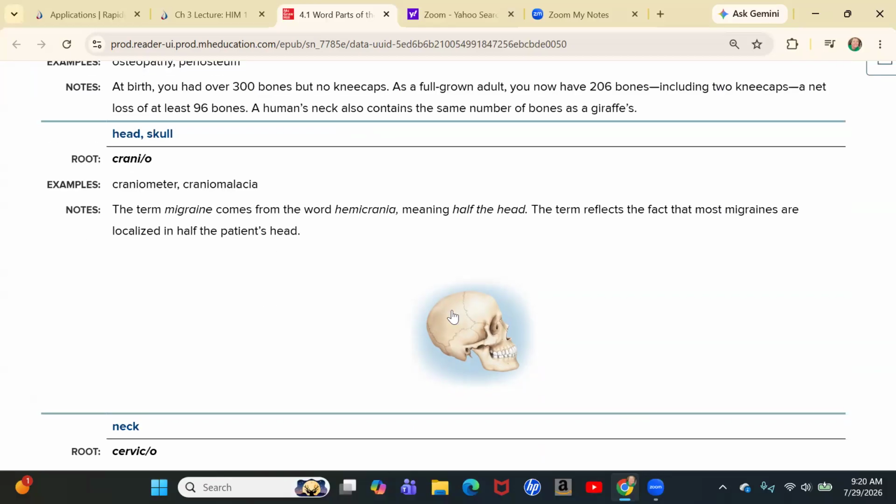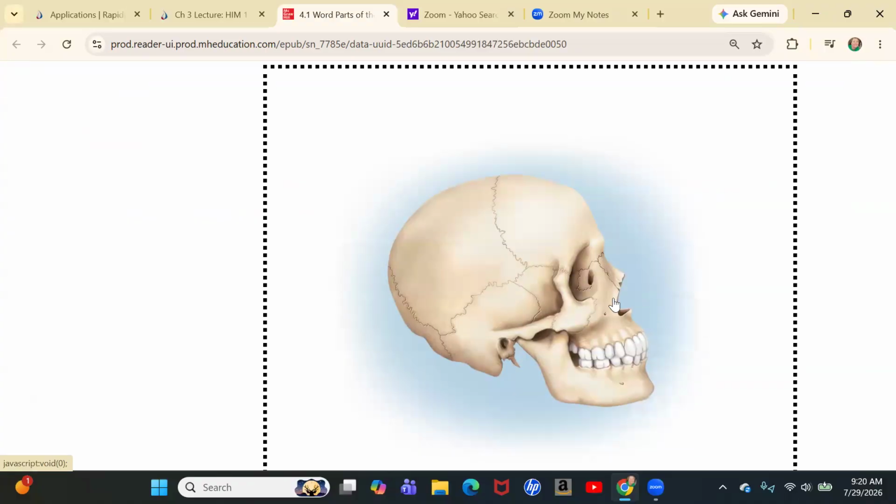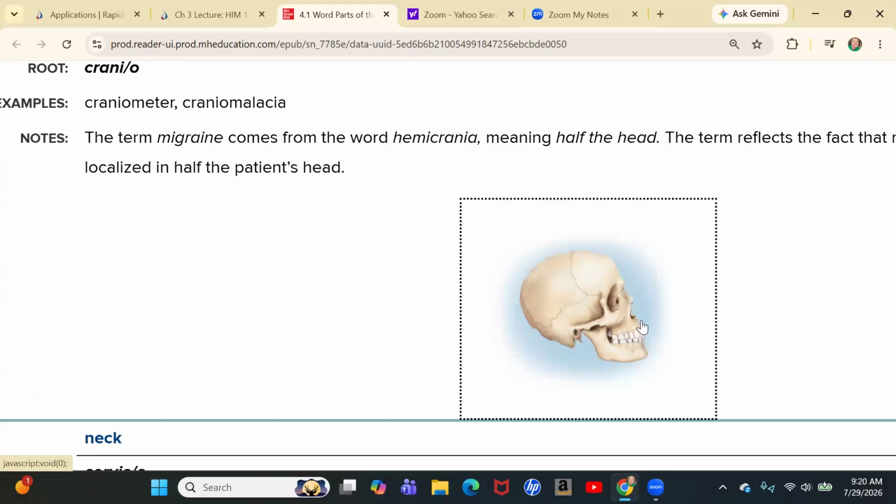So cranium or cranio is the skull and all of the bones of the head and skull. When you look at each individual bone that makes up the skull, they each have their own individual name. Frontal bone, temporal bone, occipital bone, vomer, mandible, maxilla, all of that.